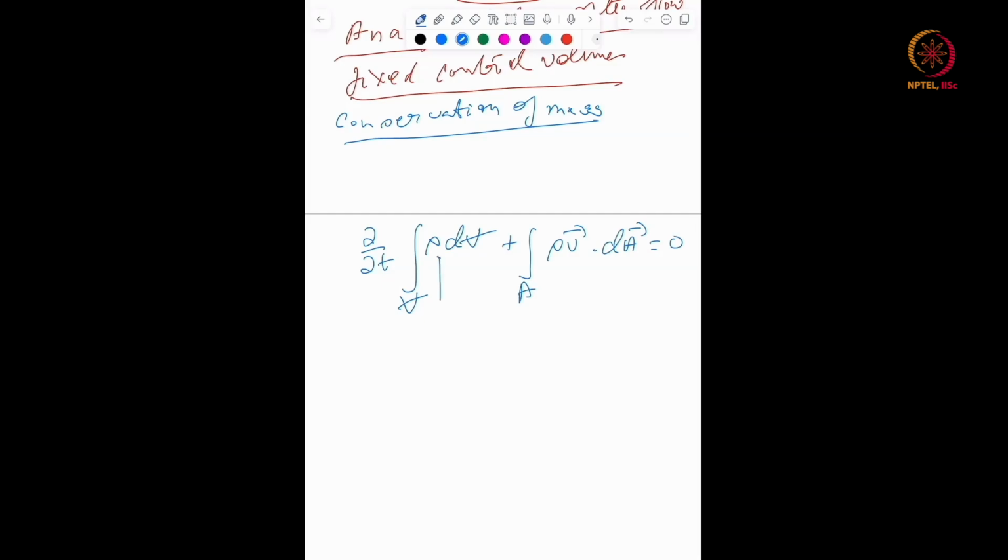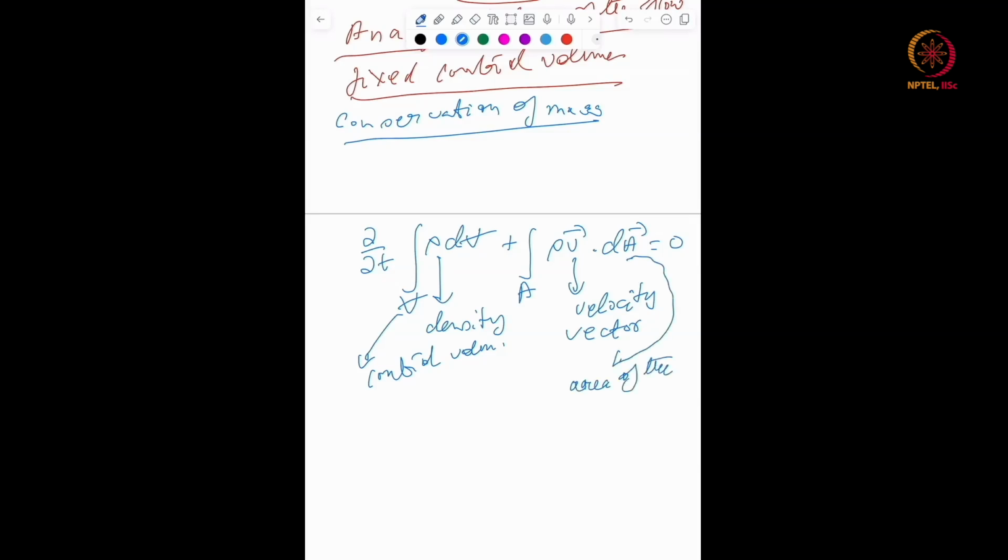Here rho is the density of the fluid, v is the velocity vector, V is the control volume, and A is the surface area of the control volume.